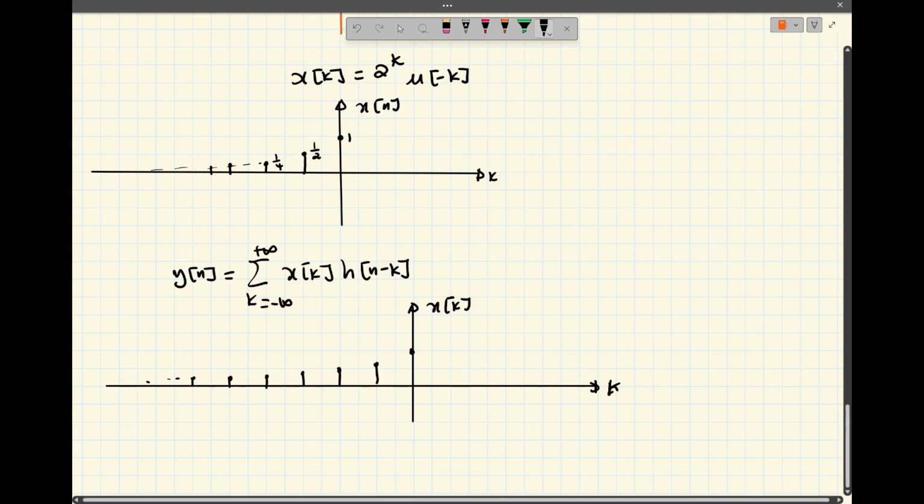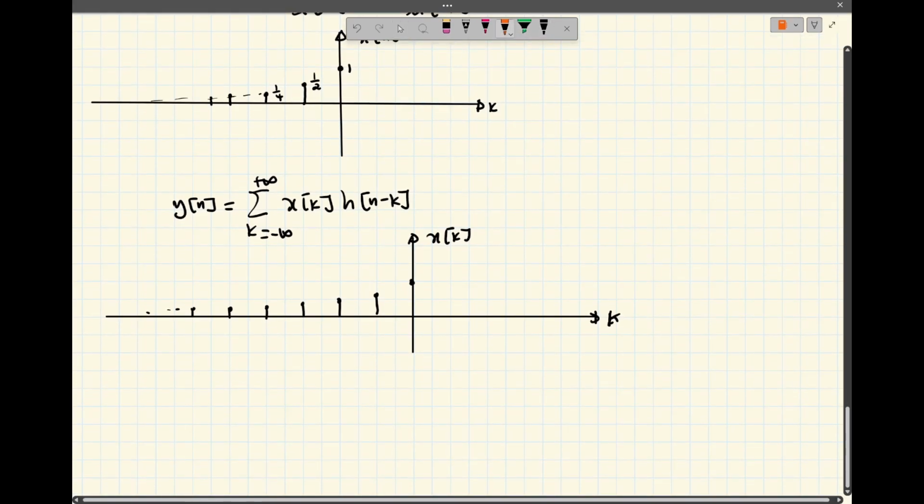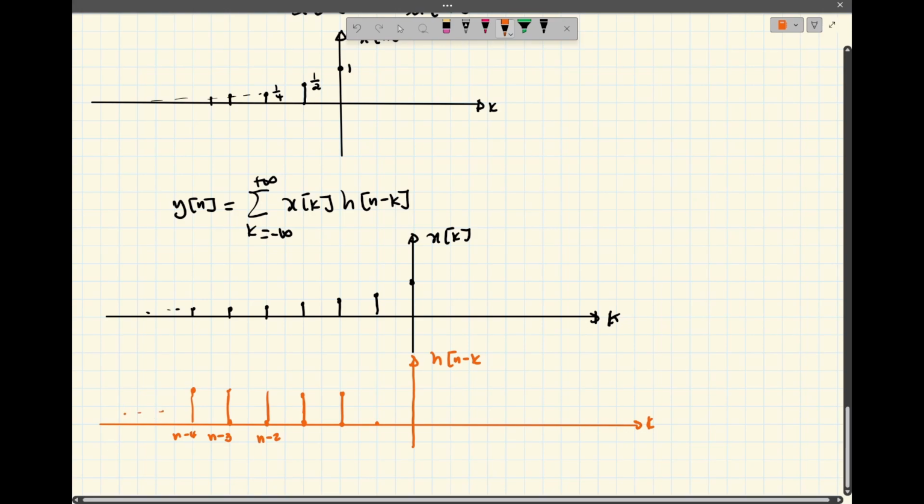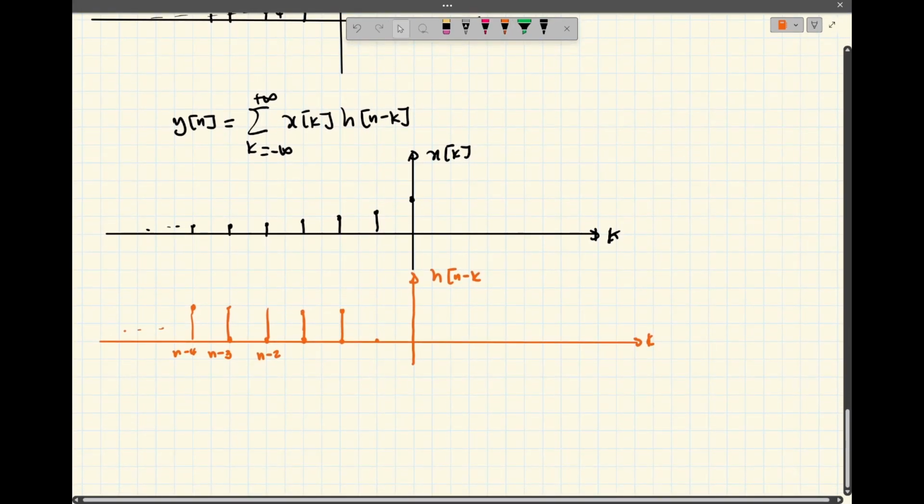Then I'm going to sketch h of n minus k, where the first one will be n minus 2, n minus 3, n minus 4, and so on.